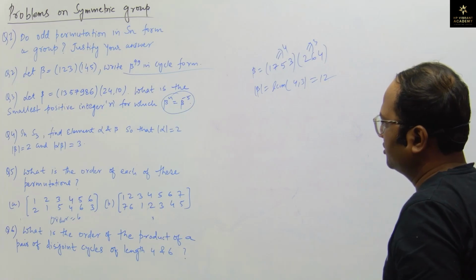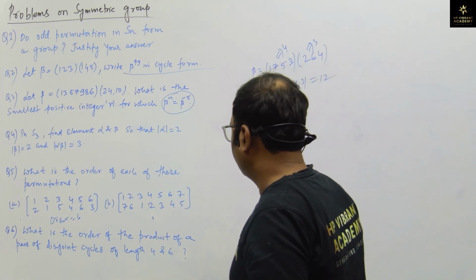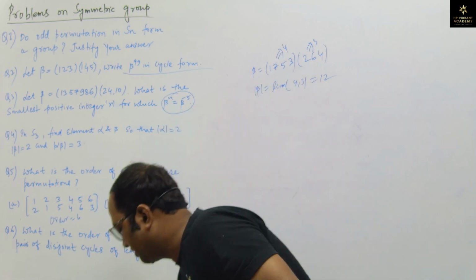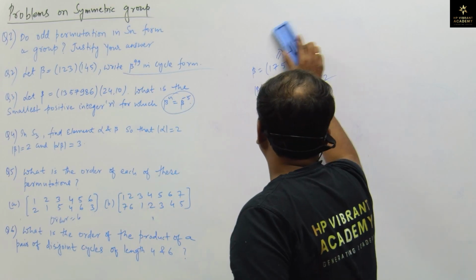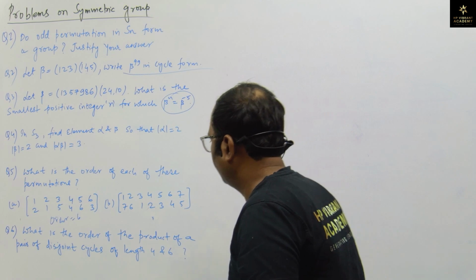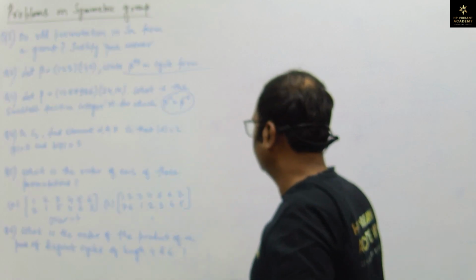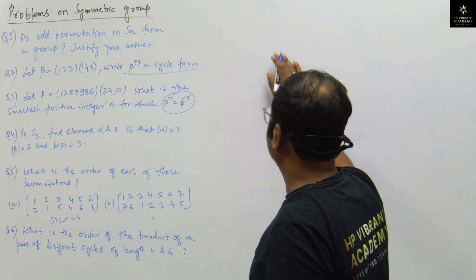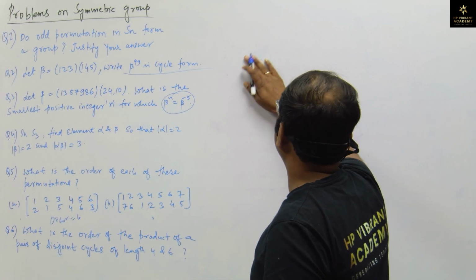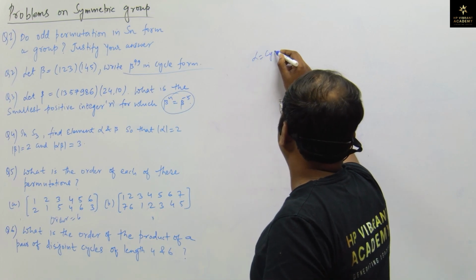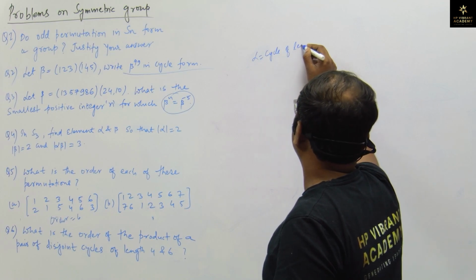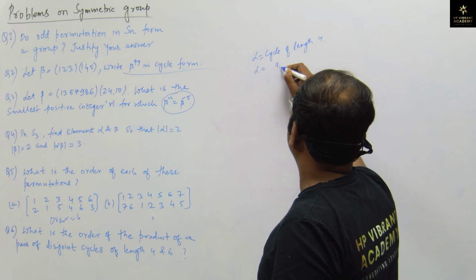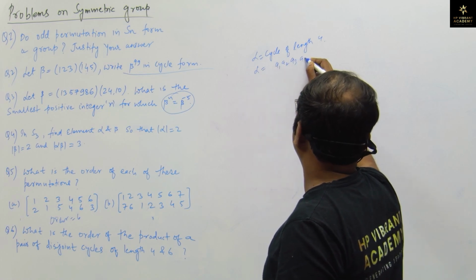Okay, now let us discuss question number 6. What is the order of the product of a pair of disjoint cycles of length 4 and 6? This is nothing but the order of a product of disjoint cycles. Let us take alpha as a cycle of length 4, alpha is (A1 A2 A3 A4).